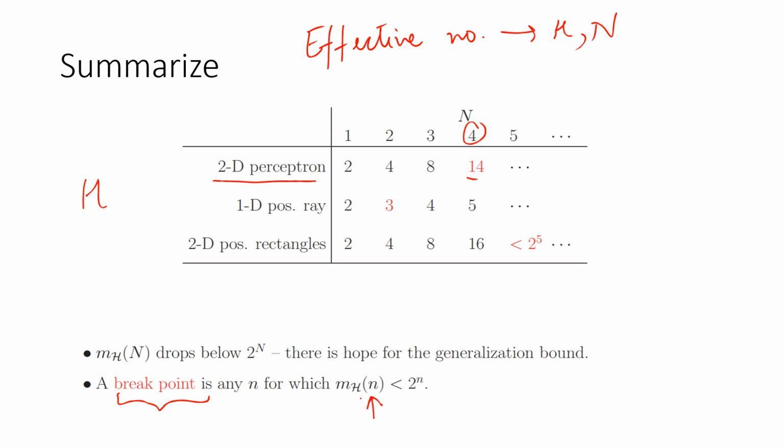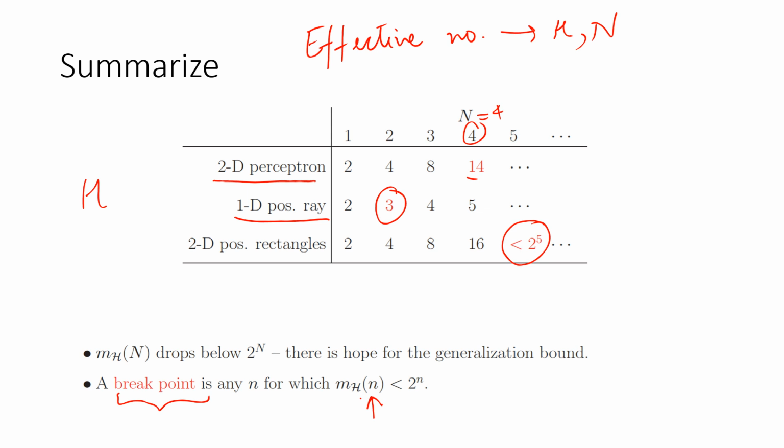For example, here, my hypothesis has been broken at n equals 4. Similarly, for the 1-dimensional positive ray, my hypothesis was broken at n equals 2 because it started to become deficient at that point. And for the 2-dimensional positive rectangles, it broke at 5 because at 5 we realized that we cannot implement all possible scenarios or all possible cases, right?